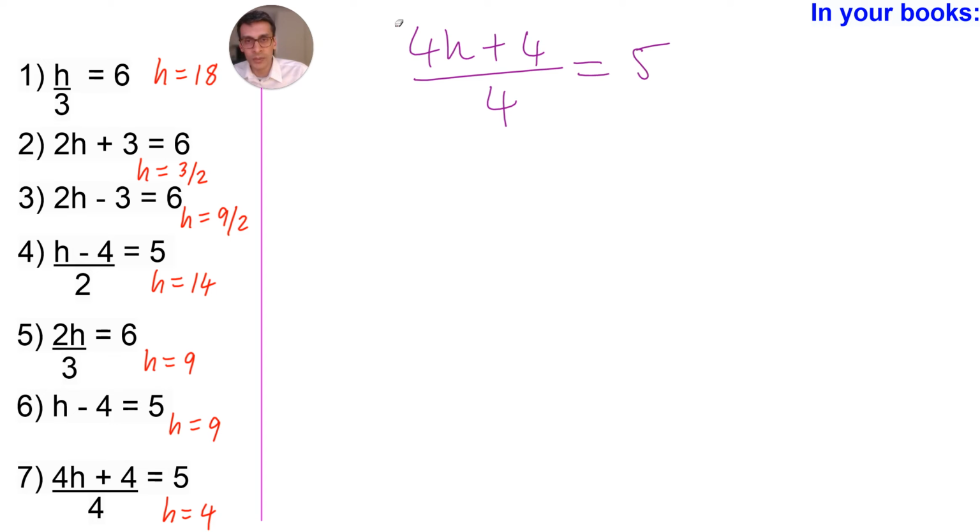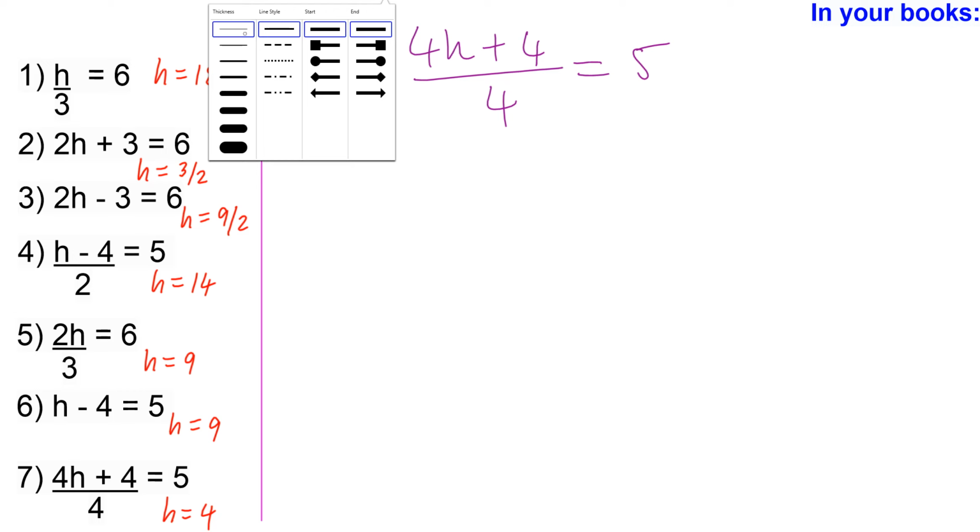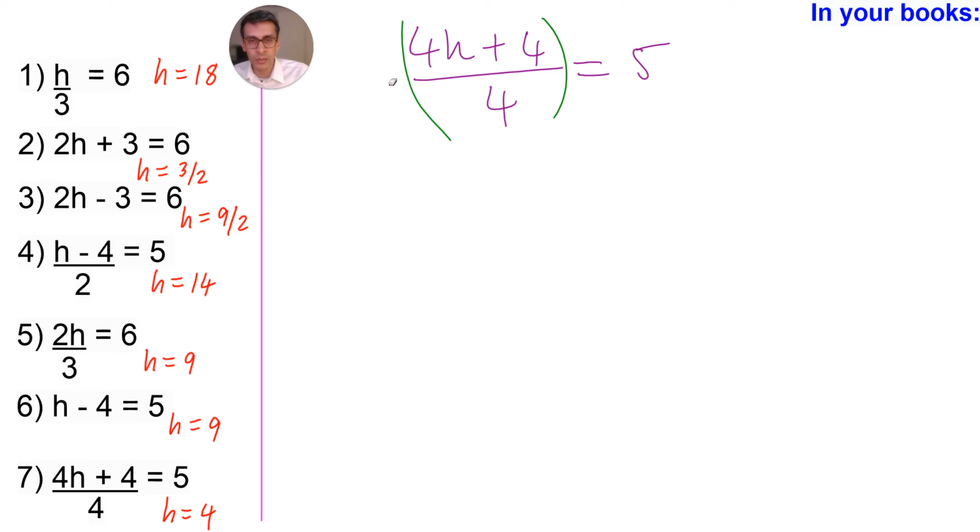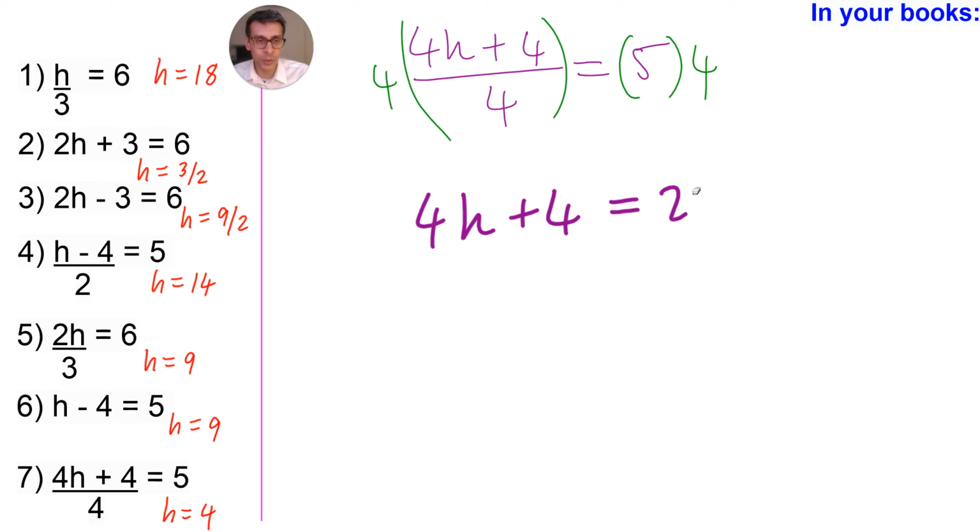So first step is I'm going to multiply everything by 4. Then I'm going to get 4h plus 4 equals 20. Then I'm going to take away 4 from both sides.